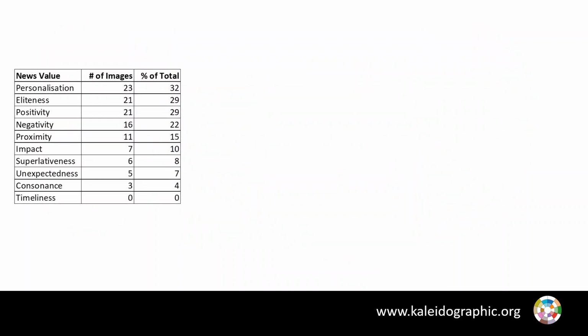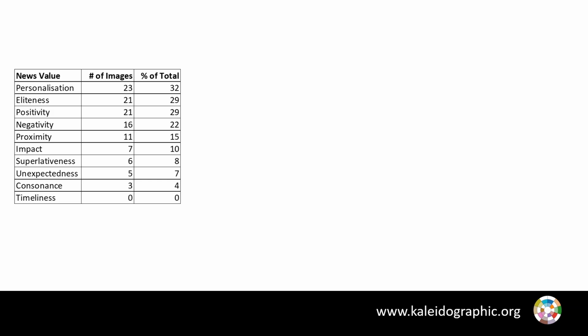So I could just give you the results of the analysis of all of the images. And we can present that quite easily in a static table. So we can see that 32% of all of the photographs in this data set constructed personalization, and personalization was the news value that was most constructed in our images, and so on through the table.